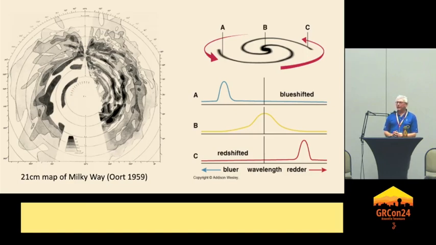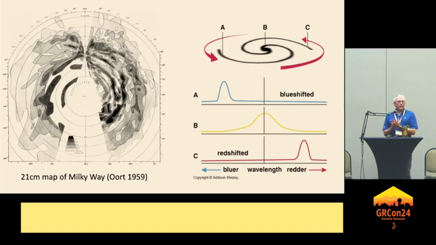It was made by Jan Oort in 1958, using the 21 centimeter line, which is the spin-flip transition of neutral hydrogen. The parallel and anti-parallel spins and the transition between them of the hydrogen proton and electron gives an emission at 21 centimeters or 1420 megahertz.